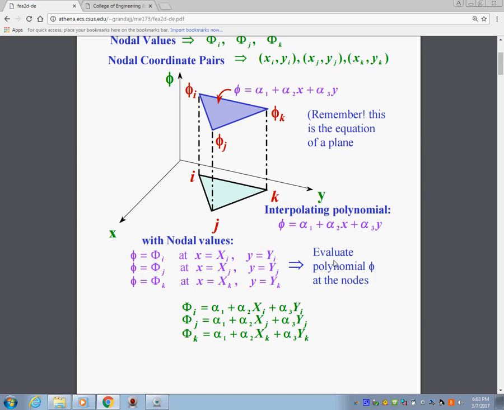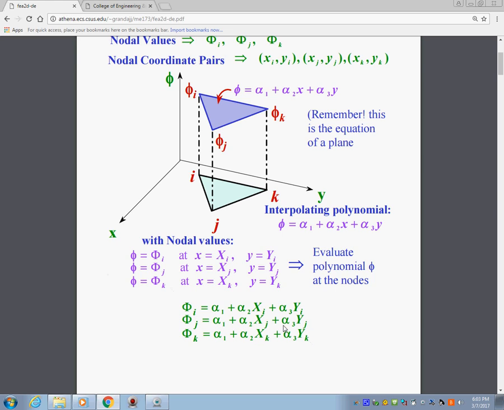Because we are dealing with a physical device, with a physical region that we are trying to model, trying to analyze. So you see here we have phi sub I, phi sub j, and phi sub k, and we have used the interpolating equation to put the coordinate pairs, and obviously we know all the x sub I, x sub j, and x sub k, and y sub I, y sub j, and y sub k.